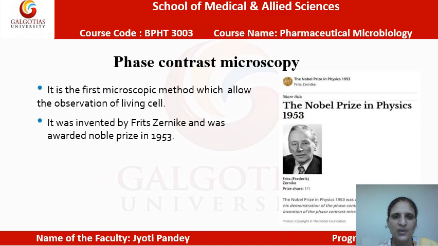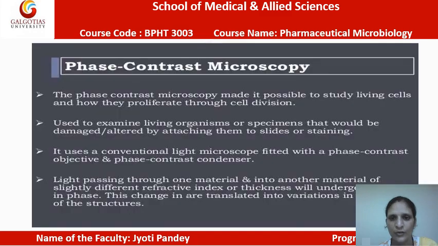Now here is a description about the phase contrast microscope. This is a microscope which is useful for determination of microbial structure under the contrast media. This methodology was first observed in living cells by the scientist Frits Zernike, and he was awarded a Nobel Prize in 1953 for his work.